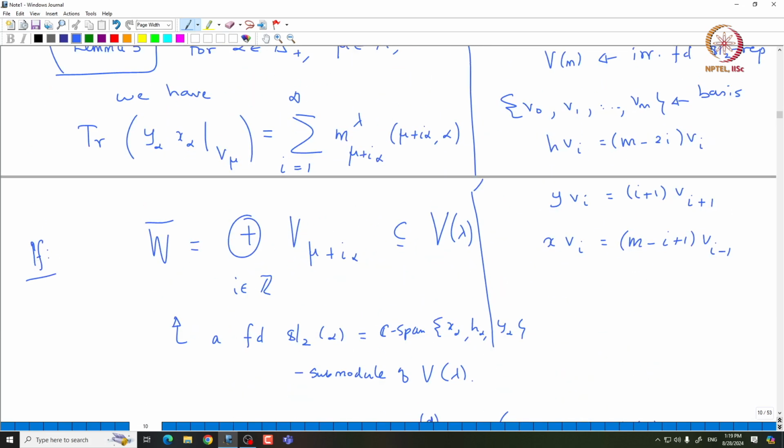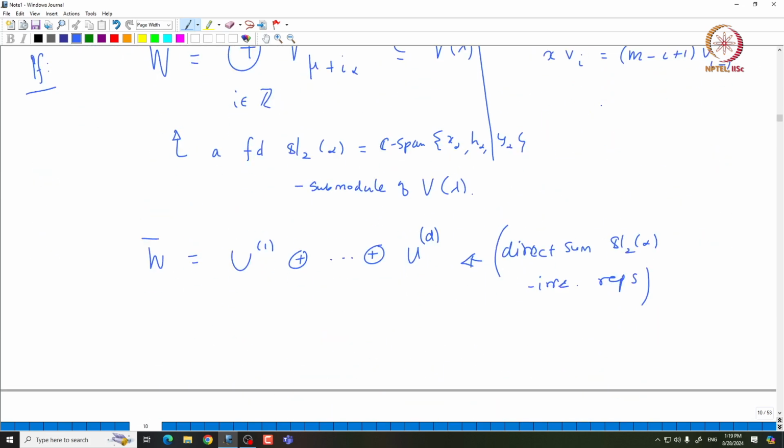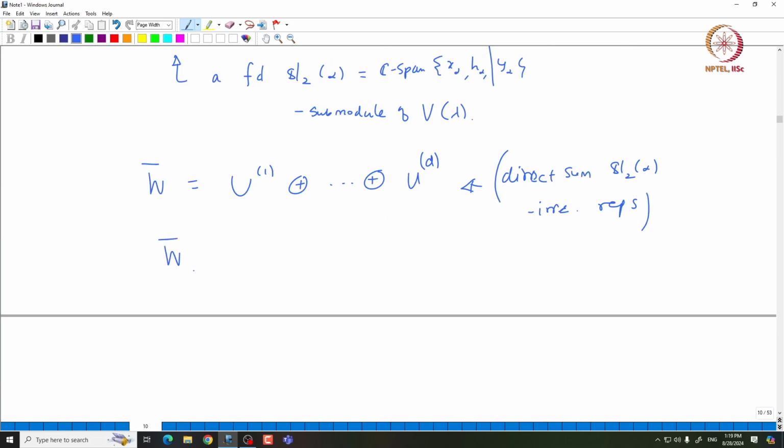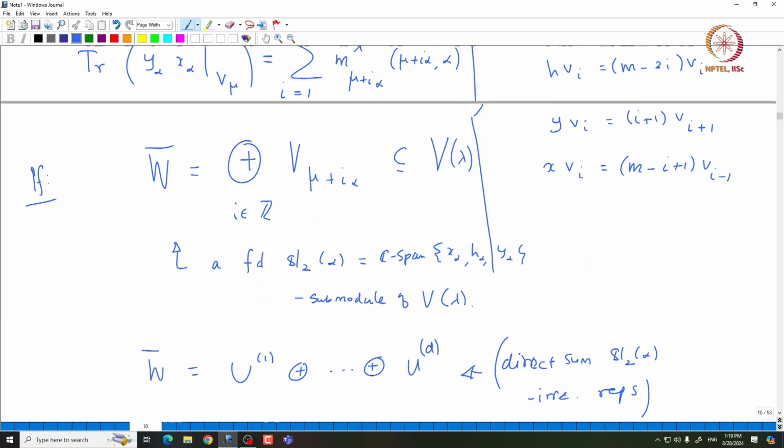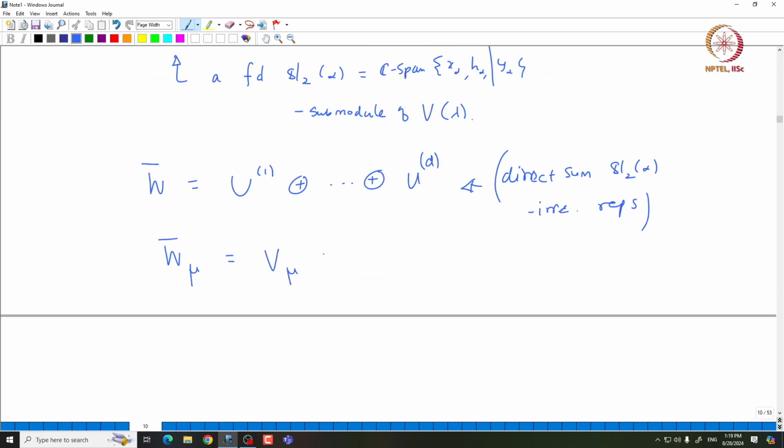Once we have this, it is easy to see how one can compute the trace of Y alpha X alpha by restricting to this W bar. It is not hard to see that the mu-th weight space of W bar is exactly the mu-th weight space of V, because we have taken the direct sum of mu plus i alpha weight spaces. So, the mu-th weight space of W bar is exactly V mu, which is equal to U1 mu direct sum etc. direct sum UD mu.